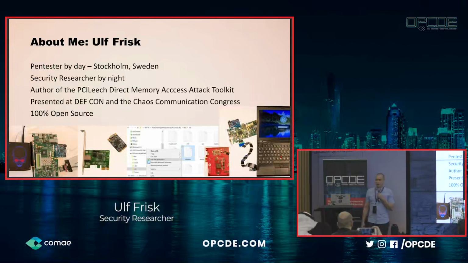It didn't require any drivers on the target, and with this really low-cost piece of hardware, I was able to do well over 150 megabytes per second reading the main memory of the target computer over PCI Express and also writing to the memory. Unfortunately, this piece of hardware, even though it was really fast and low cost, was only able to access memory below 4 gigs since it only supported 32-bit addressing.